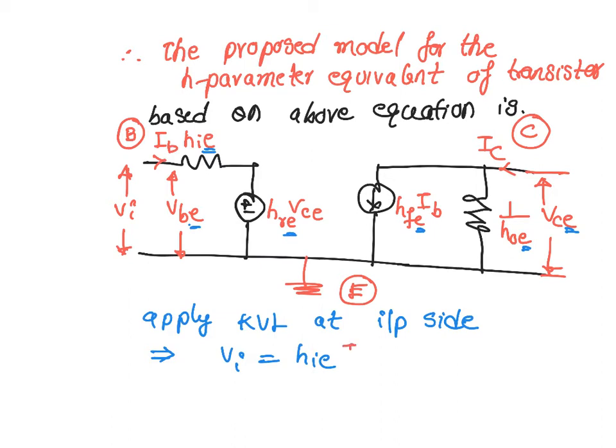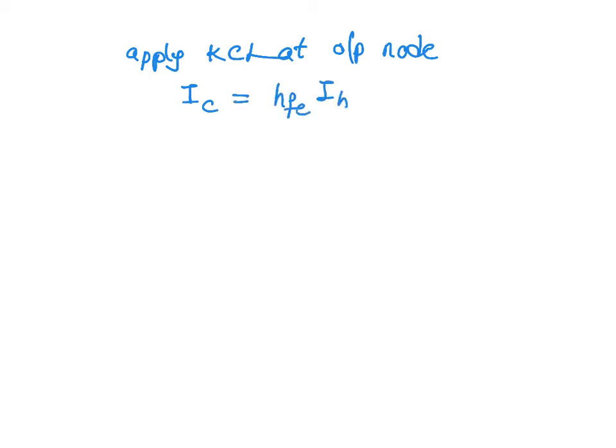And applying KCL at the output node, IC can be represented as HFE into IB plus HOE into VCE.